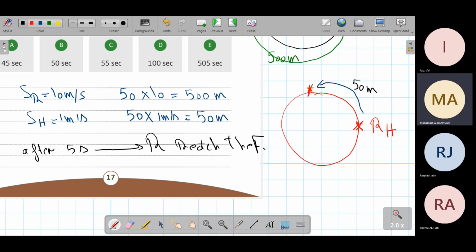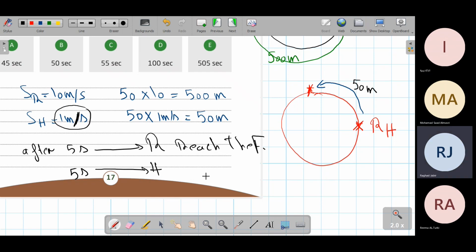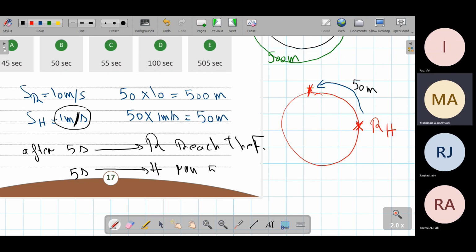Now pay attention here. When the rabbit reaches the finish, at this time, of course, the hedgehog will not stay at his place. He will run also for the same 5 seconds. For 5 seconds, the hedgehog, how many meters will he run, if his speed is 1 meter per second? 5. 5, excellent. So he will run 5 meters.